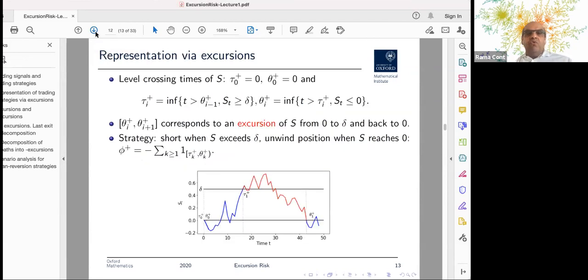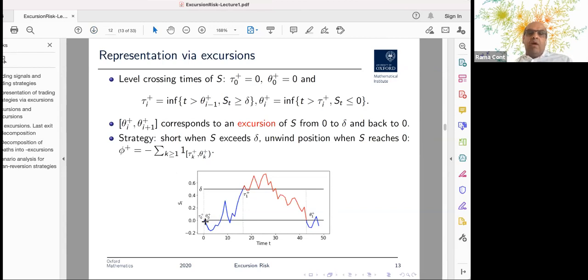Now, once you do that, what does the strategy look like? That's where we're going to see that it's linked to excursions. Let's look at a one-sided strategy only. I have a signal, let's say it starts from 0, or I wait until it hits 0, then I start my trade.